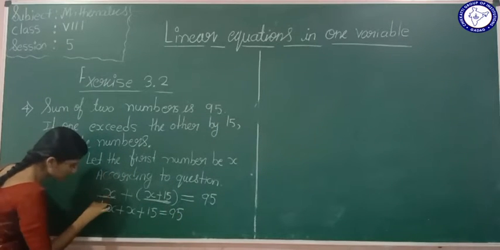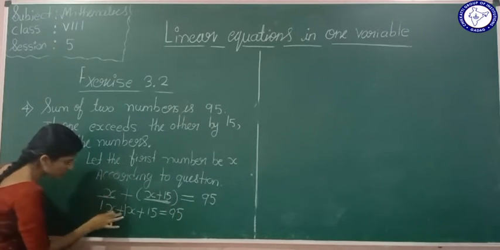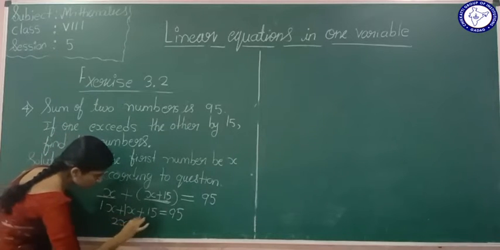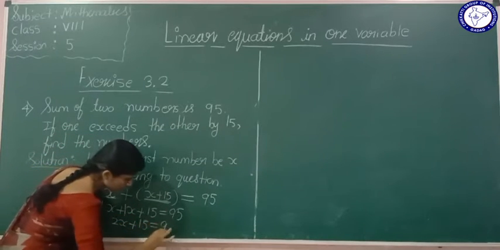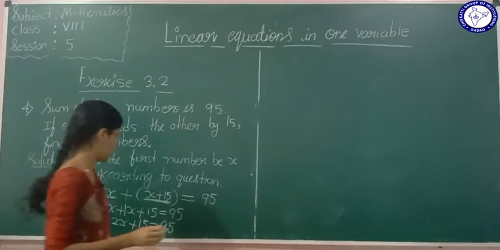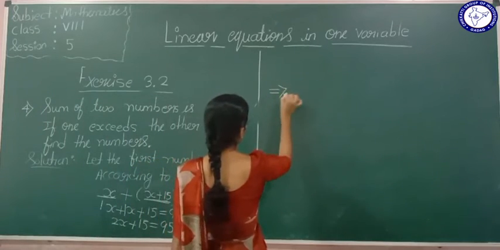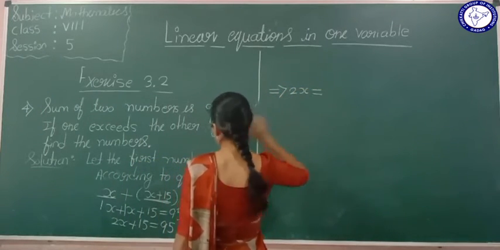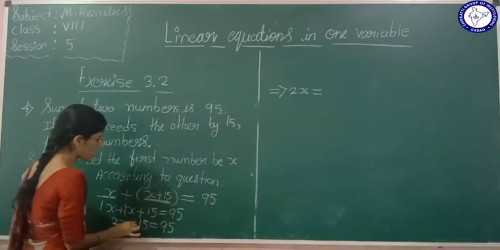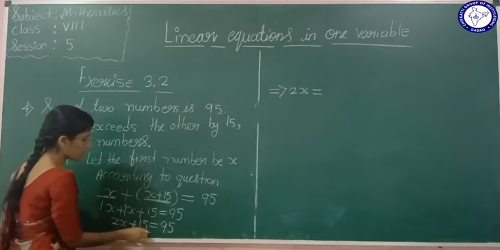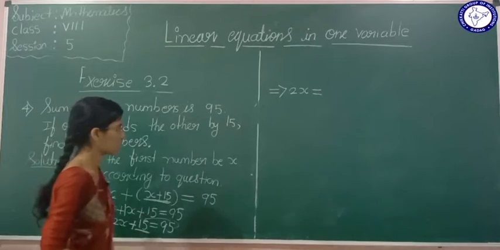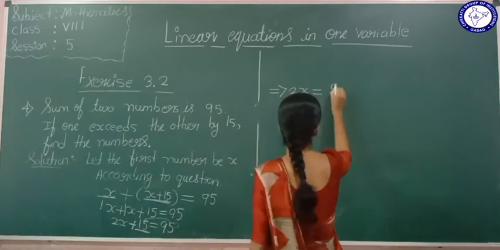In algebra, like terms can be added. What is 1x plus 1x? It is 2x plus 15 is equal to 95. So this implies 2x is equal to... we want the value of x, no? We will transpose this number to the RHS. If you transpose, the sign will be changed.